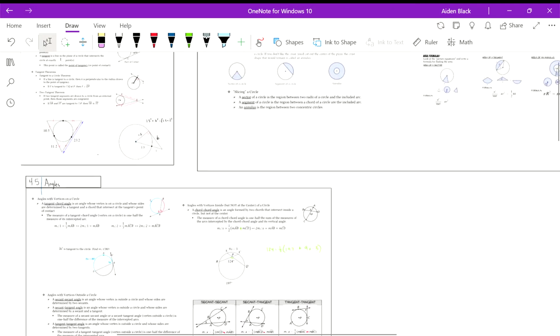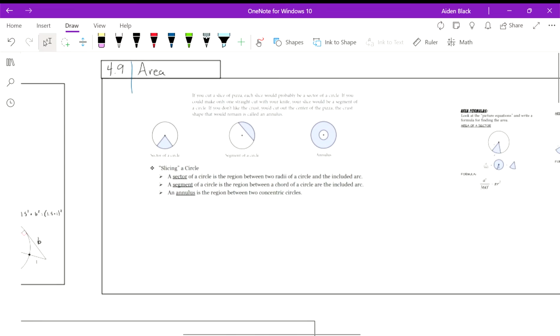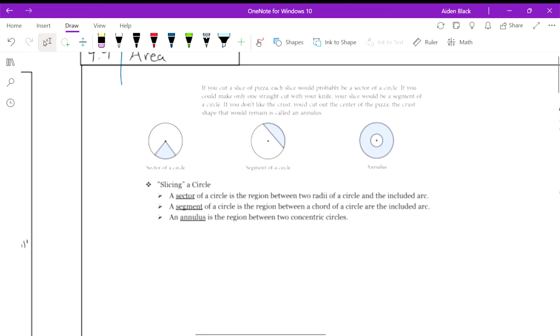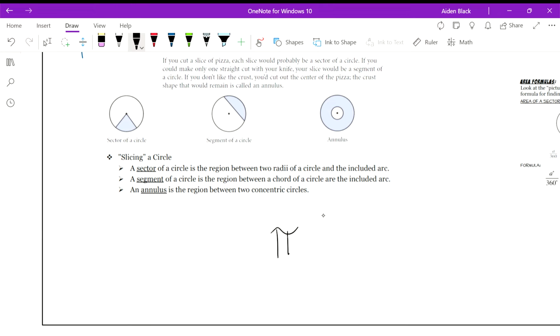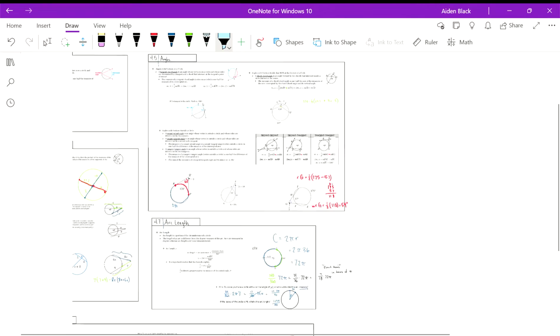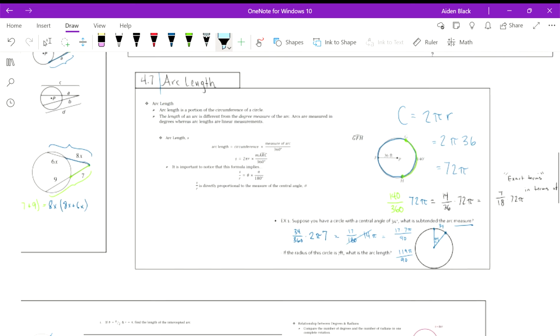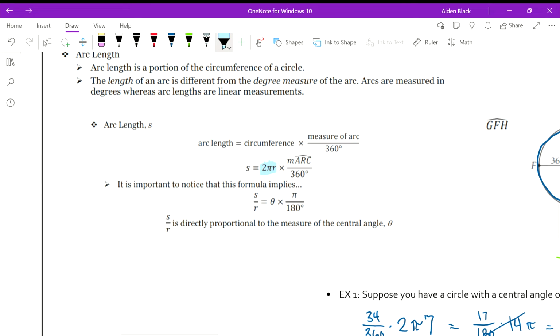And then finally, we got into area. So for area, pi r squared. You need to note that, pi r squared, which is different from arc length, where we use 2 pi r.